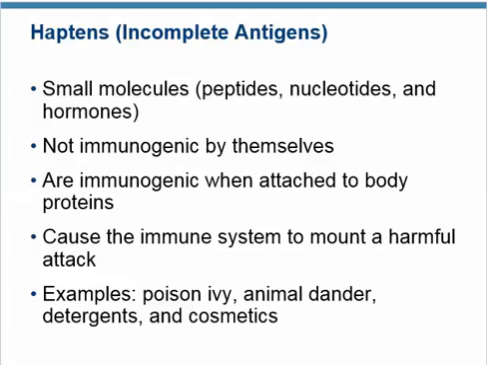So if you don't make the proteins for it, then you probably won't have a reaction to it. Poison ivy and animal dander are the classic examples of this. I don't make the protein that poison ivy needs to attach to in order to become antigenic, so I don't react to poison ivy, knock on wood.